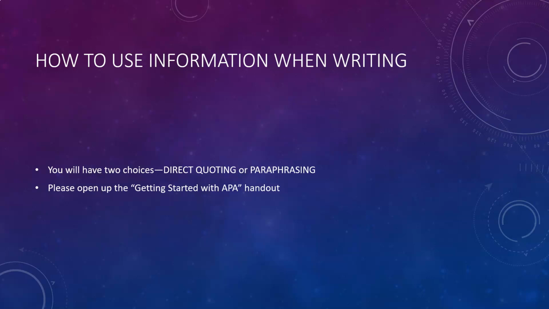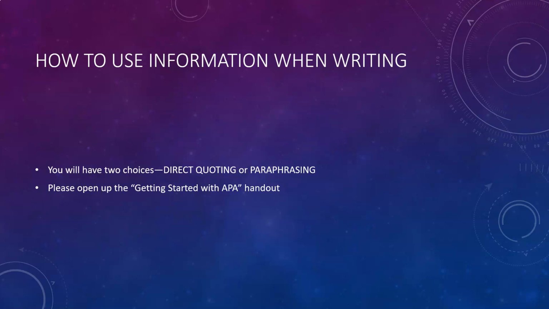The first is direct quoting, which is where you use the words of the original author or authors exactly as they appear, word for word for word. The other option that you have is paraphrasing. And paraphrasing is when you take the information or the ideas that you've learned from the research, but you express it in your own way.